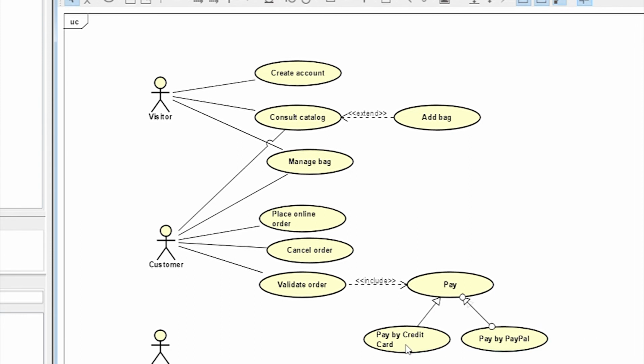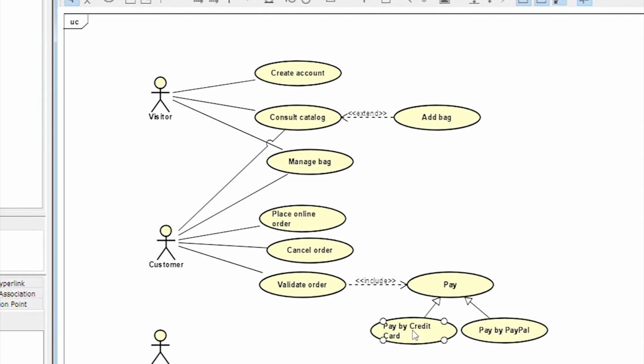Okay, so pay by credit card or pay by PayPal are two specific use cases of this parent element, which is pay. That means that the two use cases will inherit all what characterizes the parent element. Other relationships with actors, include, extension relationship, or even if there is an existing inheritance. Okay.